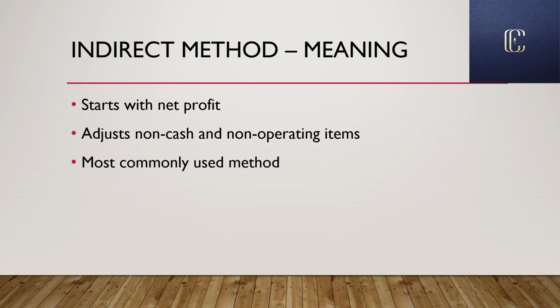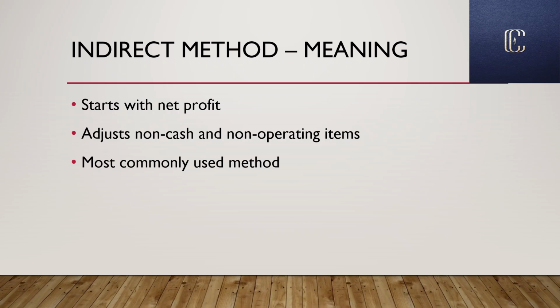For example, net profit of rupees 1 lakh. Now we ask, is it equal to cash? Answer is very simple, no. So we adjust it to convert that profit into cash. This is the heart of the indirect method.